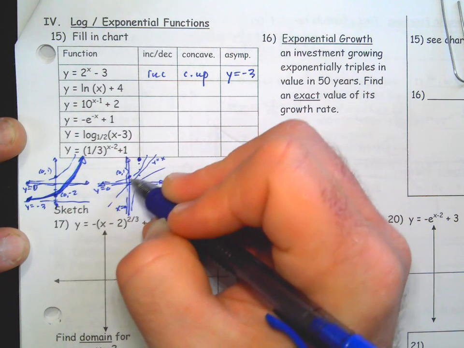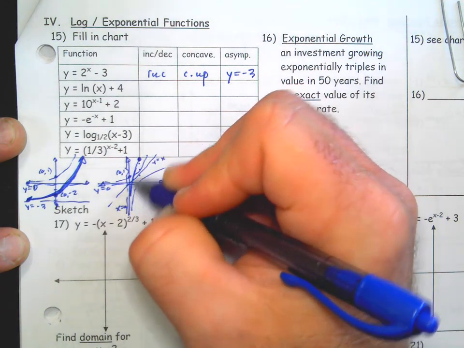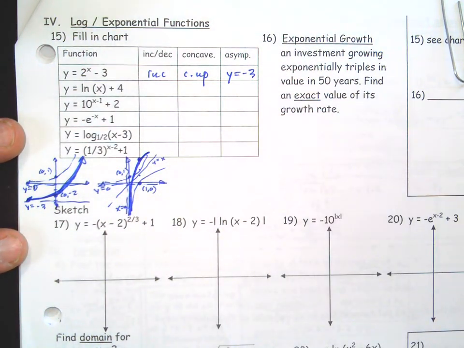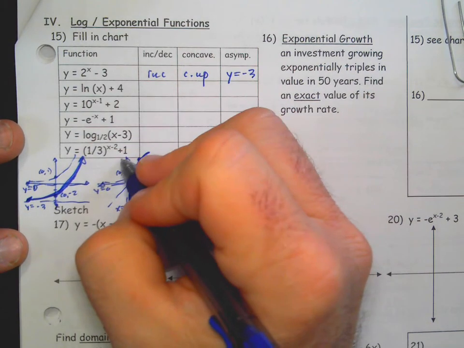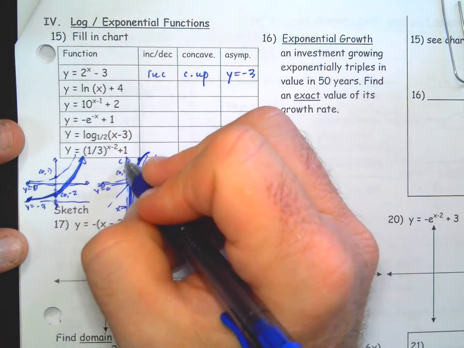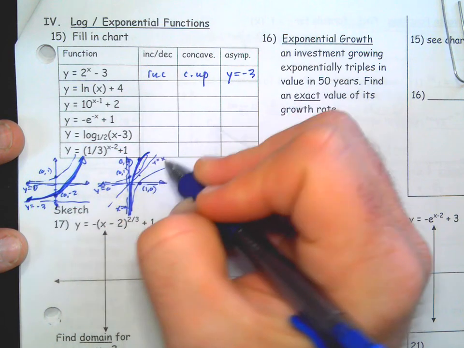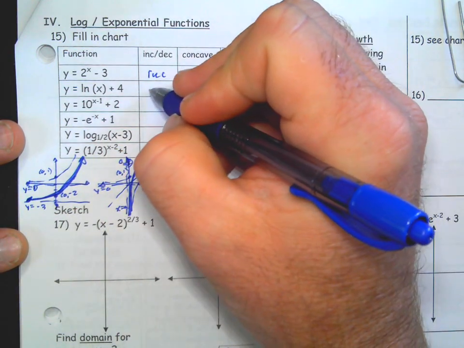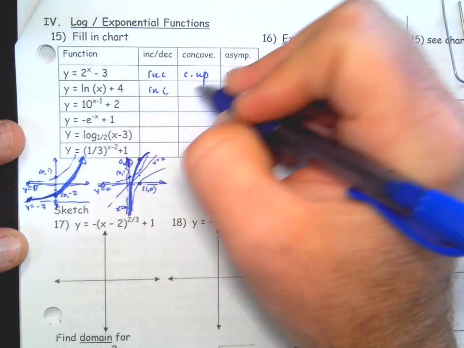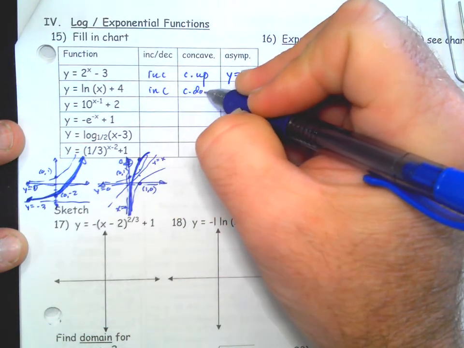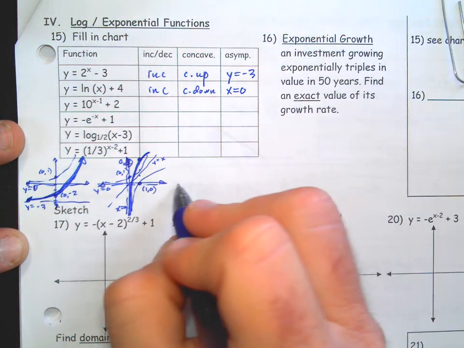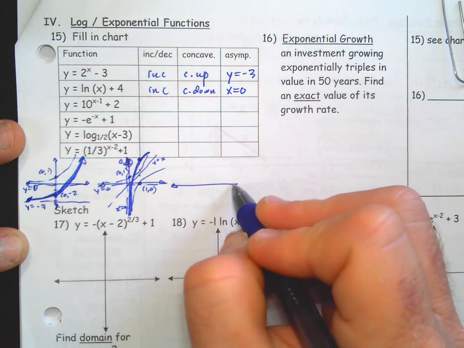Now, the graph still has the same vertical asymptote. Up 4, yeah. Okay, so it is increasing. It's going up from left to right. It's concave down. And the asymptote is x equals 0. Bunch of points. Sketch makes it easy.